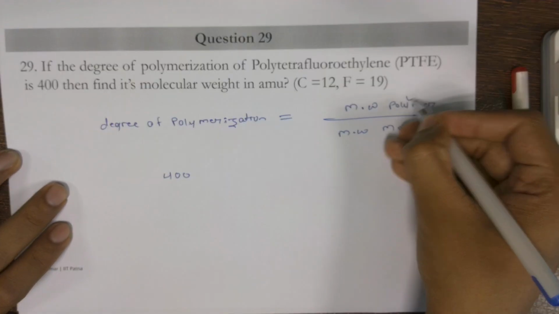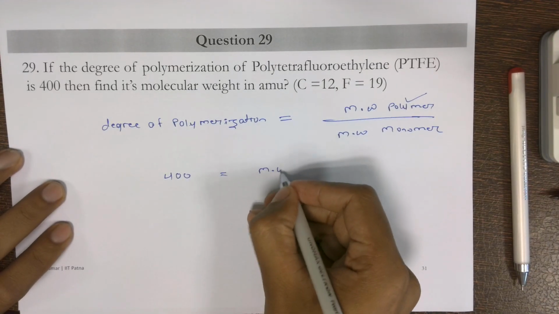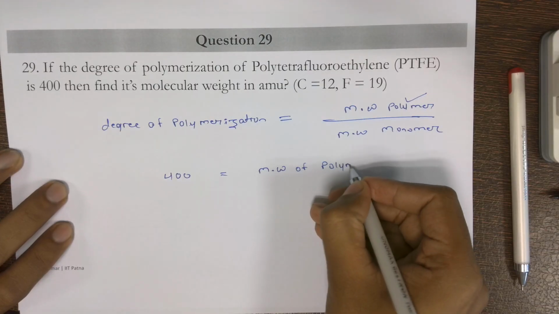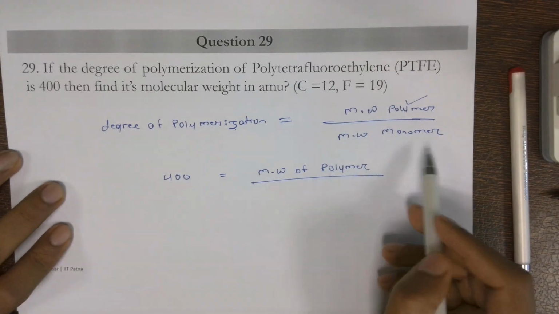We need to find the molecular weight of the polymer. At the bottom, we have to write the molecular weight of the monomer.